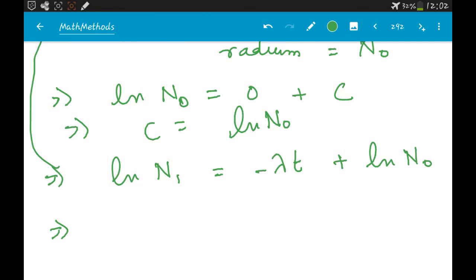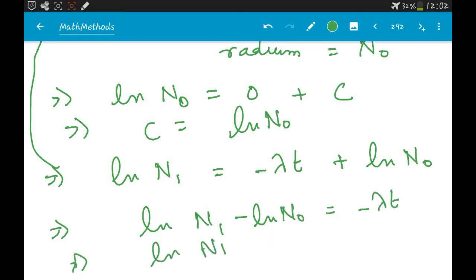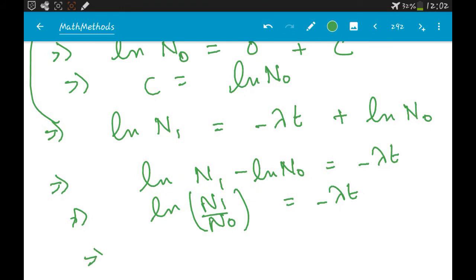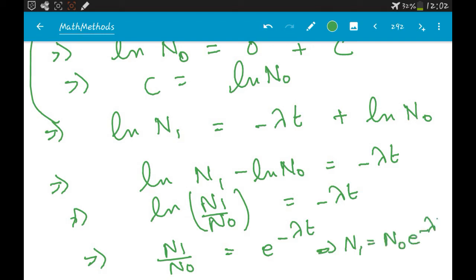So ln N1 minus ln N naught is equal to minus lambda t, which is ln N1 by N naught is minus lambda t. N1 will be N naught into e power minus lambda t. So this is your N1.